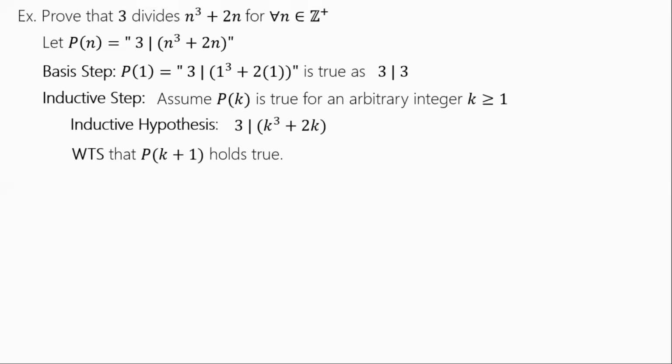And this is where some of the convenient patterns I've been using so far really break down. Right? I can't jump immediately into using the inductive hypothesis or anything like that because there is no left-hand, right-hand side. What I'm trying to show is that if I plug in k plus 1, it's divisible by 3. So let's just start with plugging in k plus 1 into the formula n cubed plus 2 times n.